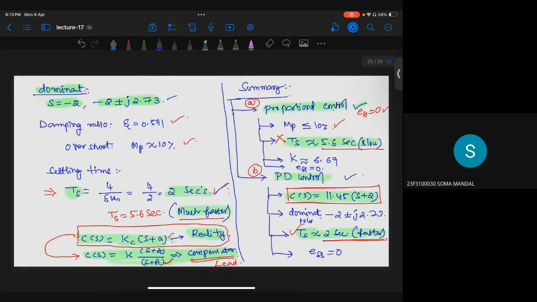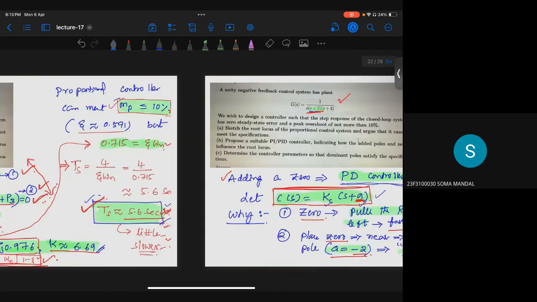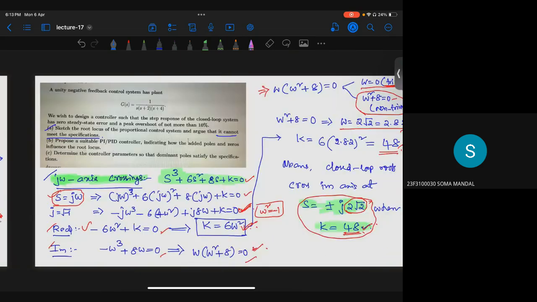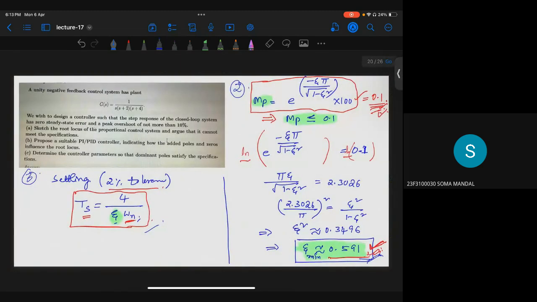Particularly here, at this level we just added only a proportional controller and we got this root locus. This root locus will give you some idea about whether we are meeting the design requirements or not. After that, you are adding a PD controller.